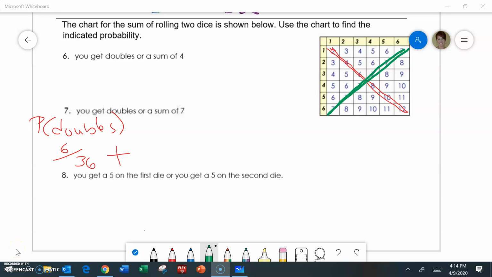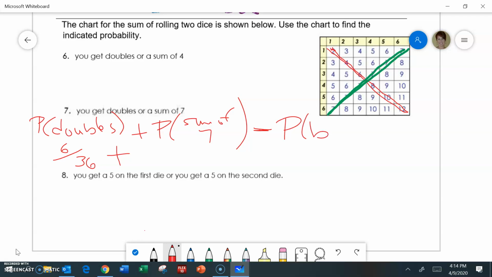So what happens is when I go back and add the probability of the sum of 7, and then subtract the probability of the overlap, or what I call getting both a double and a sum of 7. As you can see in green, we have 1, 2, 3, 4, 5, 6 spots out of 36 that have a 7 in the box.